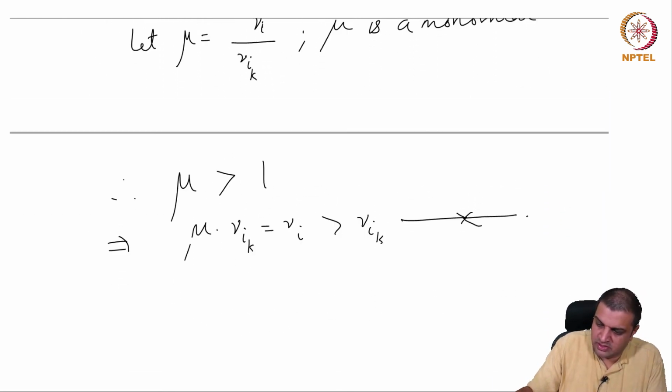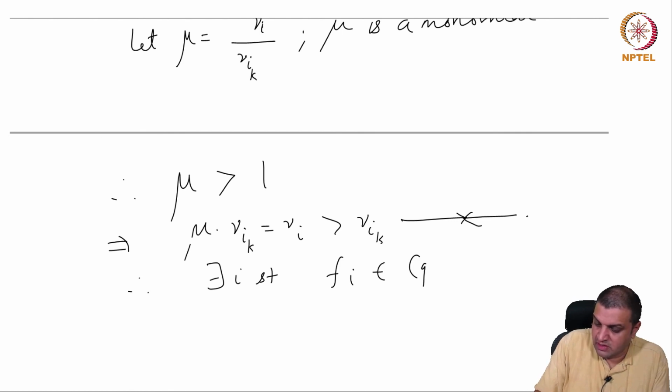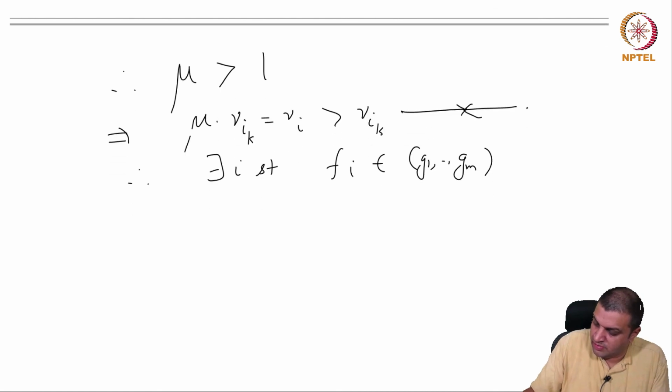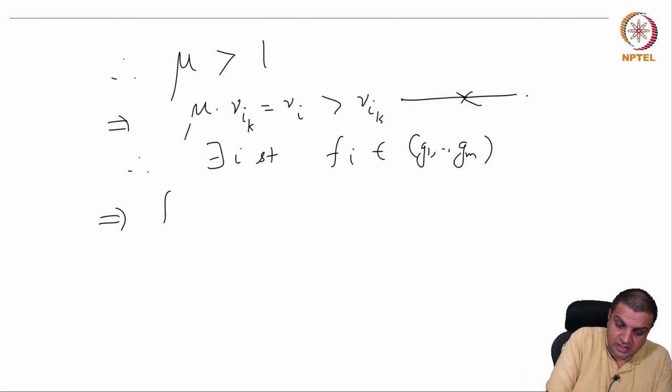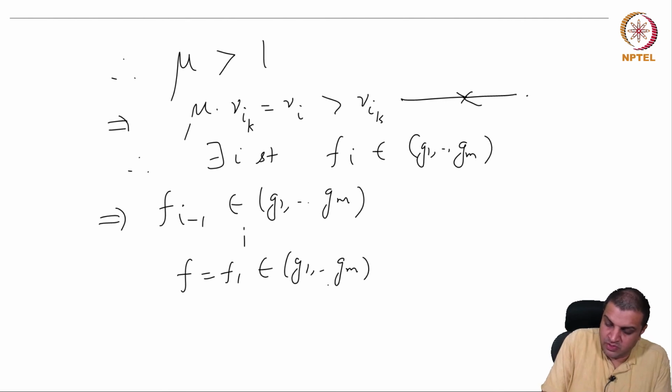So the contradiction is in the assumption. Therefore, there exists i such that fi is inside G1 through Gm, and then we saw that this implies that fi minus 1 is inside G1 through Gm, and proceeding like this, f, which is f1, is inside G1 through Gm, and this implies that I is the ideal generated by G.